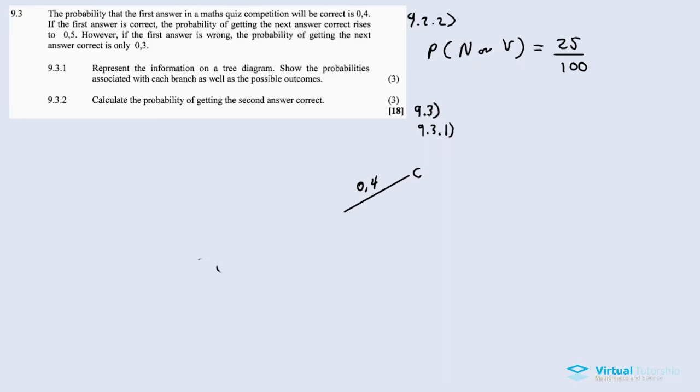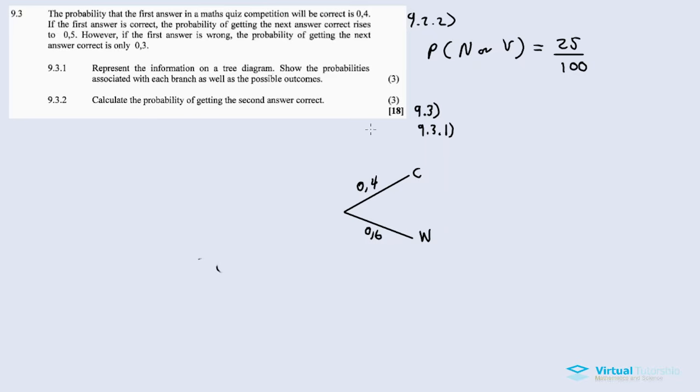So it means the probability of getting a wrong answer is going to be 0.6, because on the first attempt the probabilities must add up to 1. 0.4 plus 0.6 gives 1, hence 0.4 for the correct one and 0.6 for the wrong one.